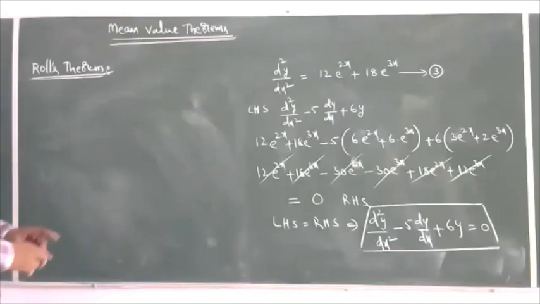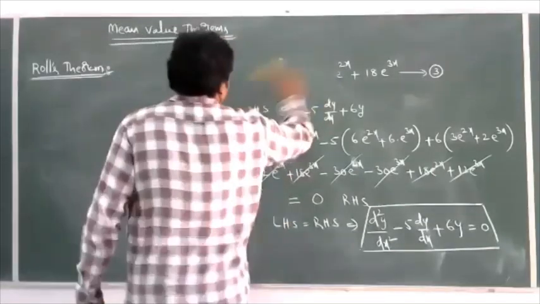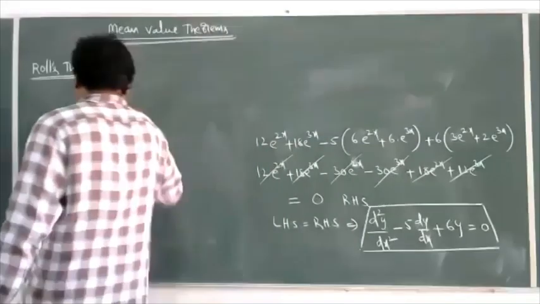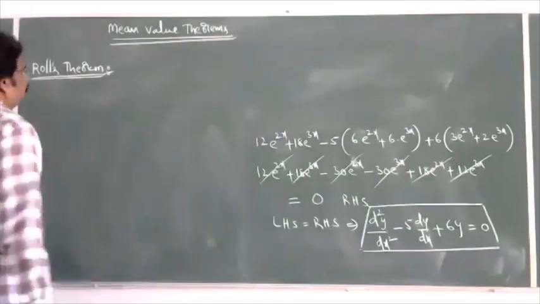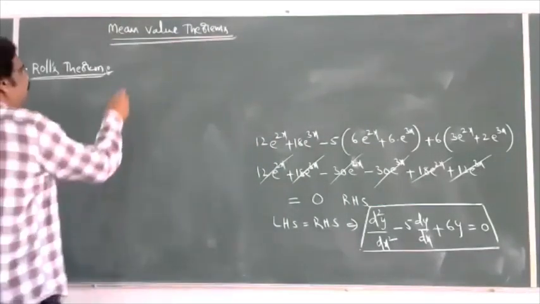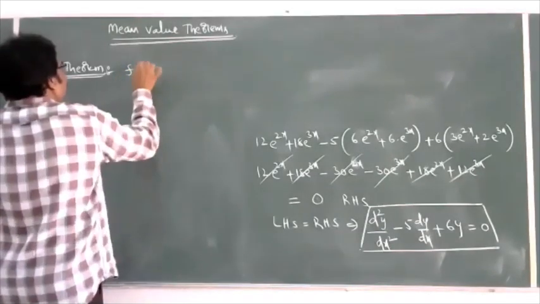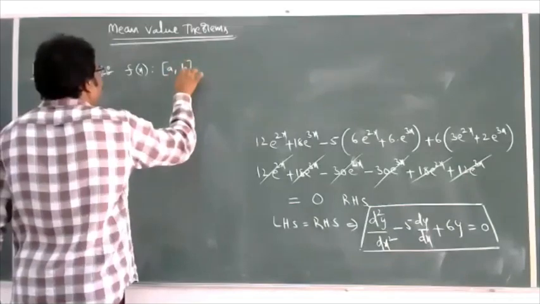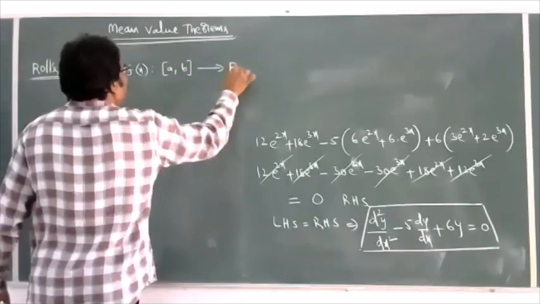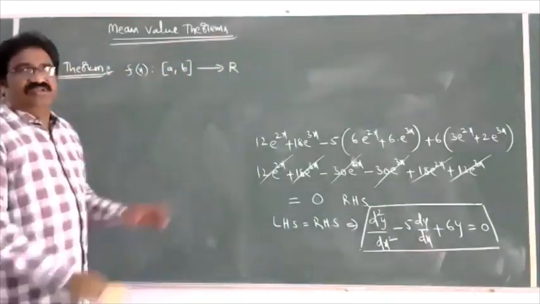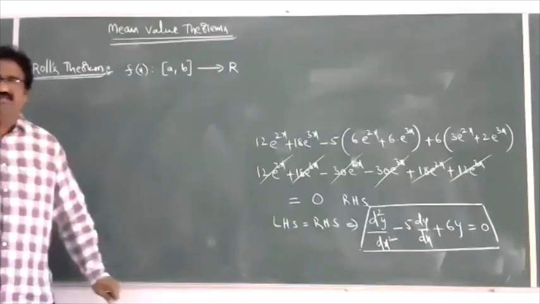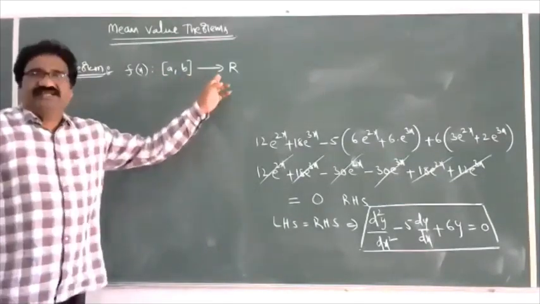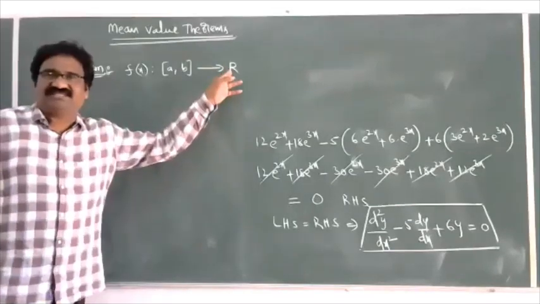What does Rolle's theorem say? First listen. What is the definition of Rolle's theorem? f of x is any function defined from closed a comma b to R, the real number set.